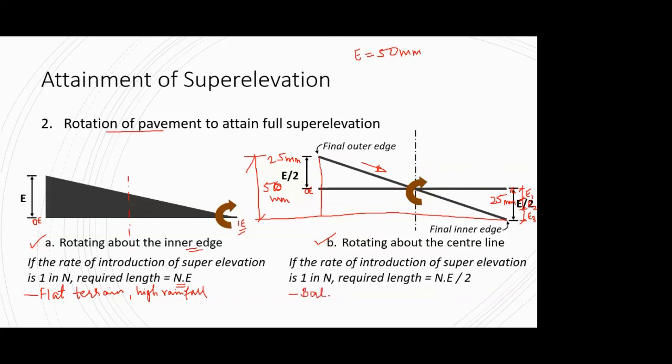Whatever will be the cutting on the inner half, because you are lowering the inner half, that cutting will be balanced by the filling which is required to raise the outer half. So that balanced earthwork is obtained in this second method, or method number 2B.